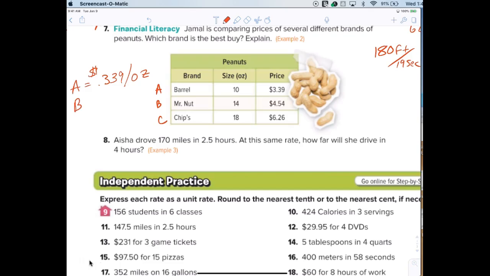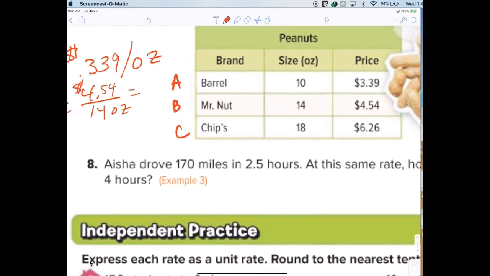B would be 4.54 divided by 14. Now remember, that's ounces in dollars. So that's going to equal around 0.324 dollars per ounce.